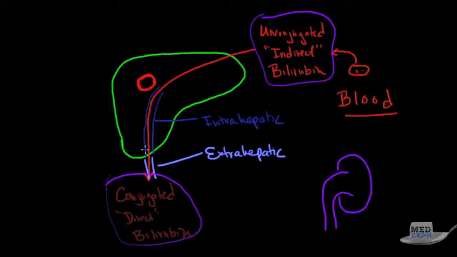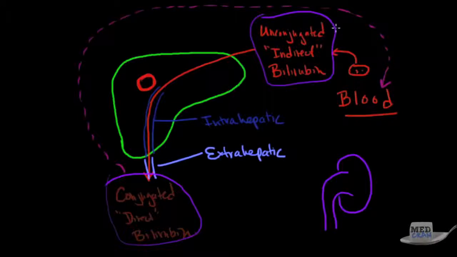If for some reason there is a blockage here in the extrahepatic or in the intrahepatic ducts that are supposed to get rid of the bilirubin and the bile acids, what's going to happen is the conjugated bilirubin is going to build up in the blood, and the unconjugated bilirubin is going to build up in the blood, and you're going to be able to check it with a blood test.